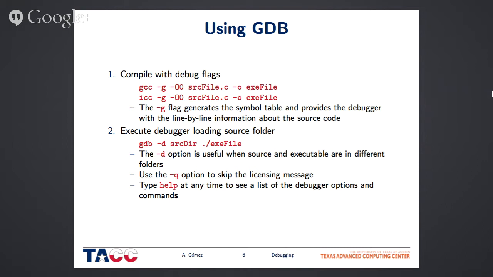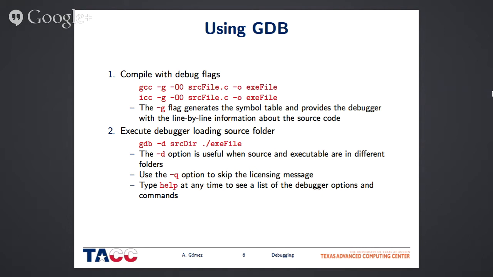O0 deactivates all the optimizations introduced by the compiler, so that the assembly code or the binary will look a lot like what you are writing in your code. And the -g flag will generate the symbol table, and it will provide the debugger with line-by-line information about the source code, which is something that you need for debugging.